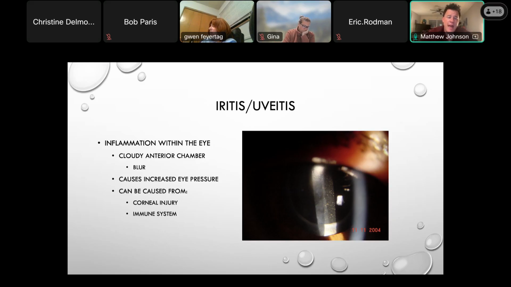Because you have all these white blood cells hanging out in the anterior chamber, you're going to get increased eye pressure because it's going to clog the trabecular meshwork. And it's not only the immune system, but any type of corneal injury, something going on with the cornea, or an eye infection can also make this happen along with the immune system.